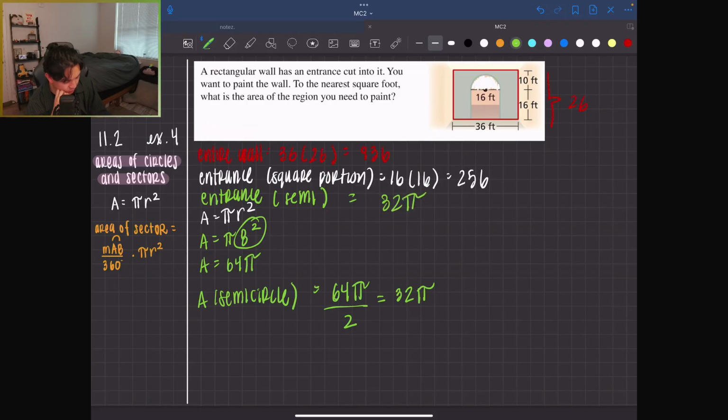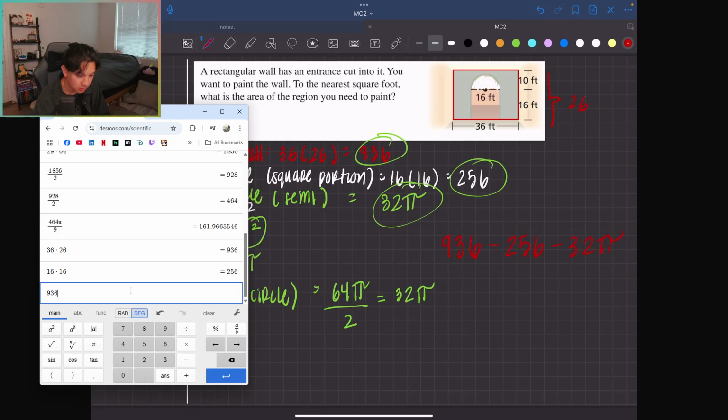All right, so what are we going to do with all of these values, the 936, the 256, and the 32 pi? Well, if the entire wall is 936, we're going to subtract 256, and then also subtract 32 pi.